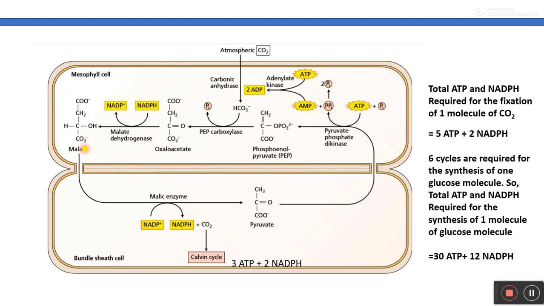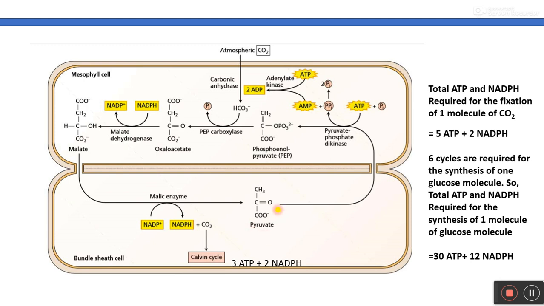And this malate then diffuses into bundle sheath cells, and after entering the bundle sheath cells, its decarboxylation takes place, and as a result, this malate is split into two molecules, that is, one molecule of CO2 and one molecule of pyruvate, with the help of the enzyme malic enzyme. And here CO2 enters the Calvin cycle, which ultimately leads to the biosynthesis of glucose.